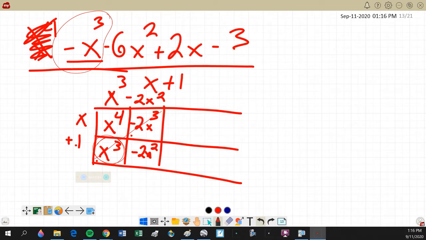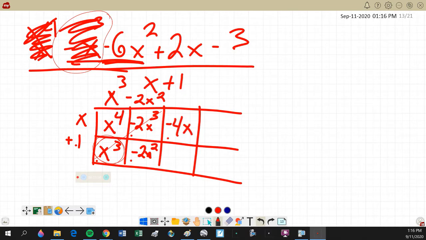Am I done? No. So I add a column. This one and this one need to make negative 6. So I subtract 4x squared, sorry. Is everybody okay with that? Don't let me go on if you're confused.